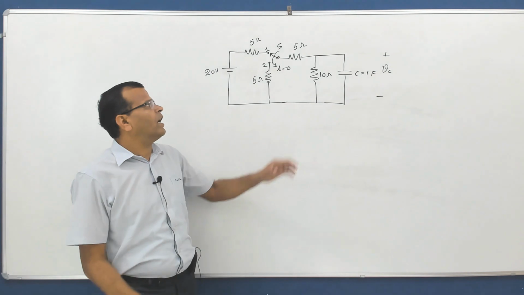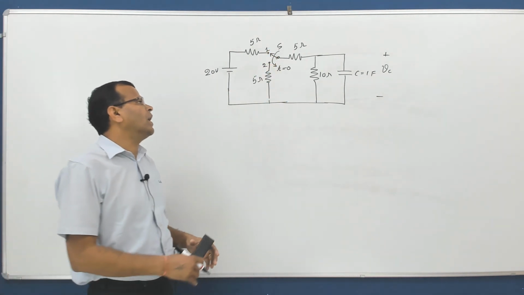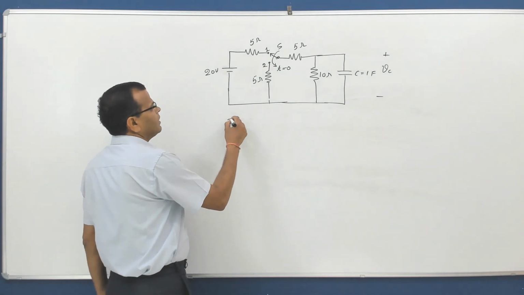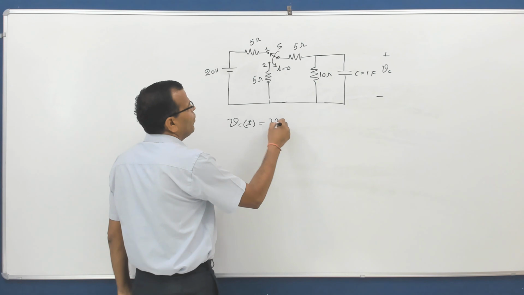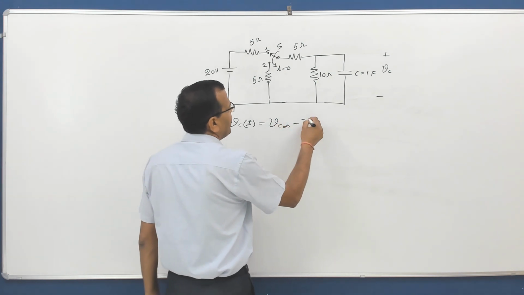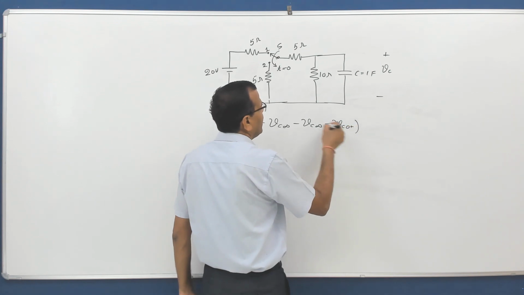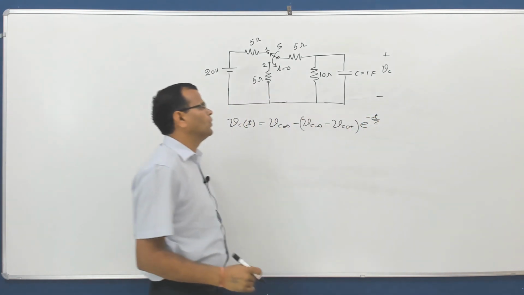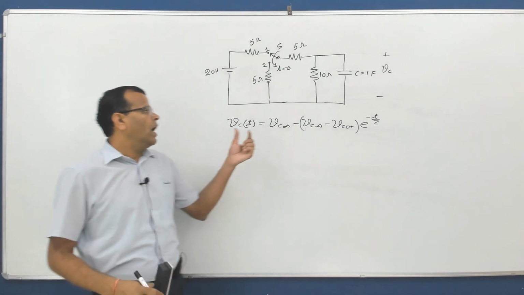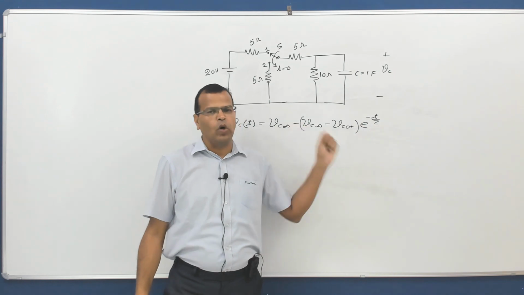The condition given is that the switch is shifted from position 1 to 2. Now we have seen the general expression of voltage across the capacitor: Vc(t) = Vc(infinity) - [Vc(infinity) - Vc(0+)] e^(-t/tau). Now I need to calculate Vc(infinity), Vc(0+) and tau.